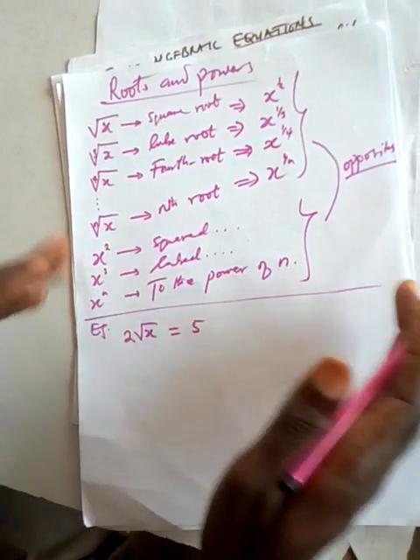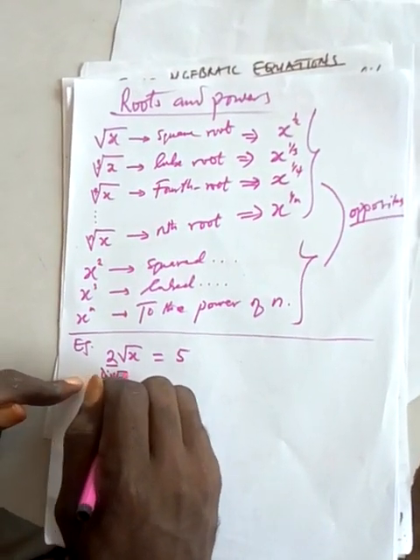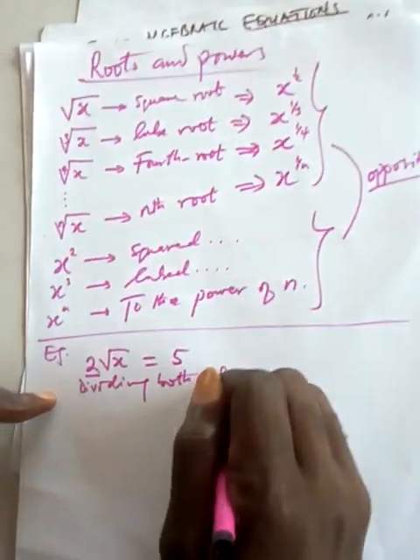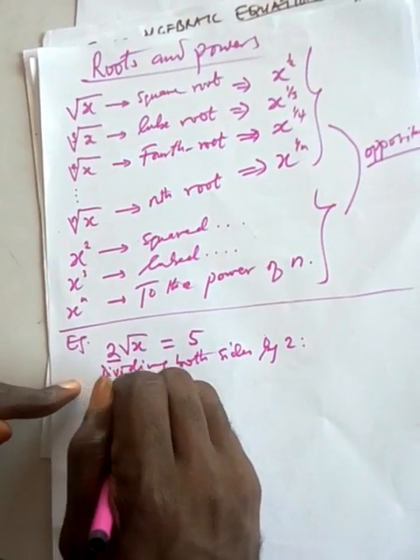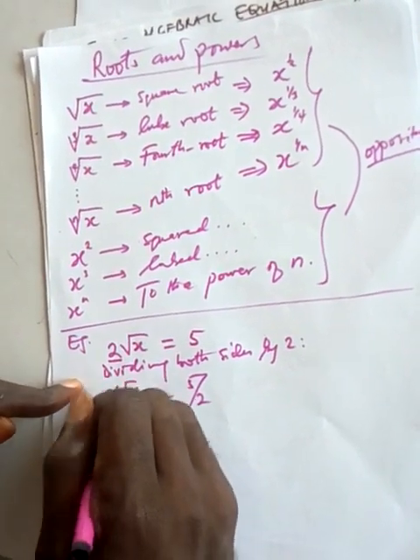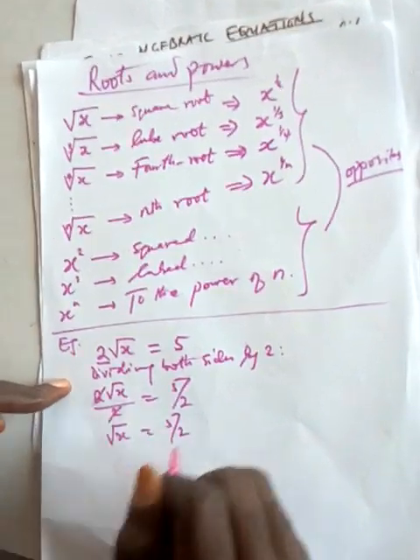We have to do away with that number, that is 2. Because it is multiplying, we divide both sides by 2. We have 2 root x over 2 equals 5 over 2. So we are left with root x equals 5 over 2.